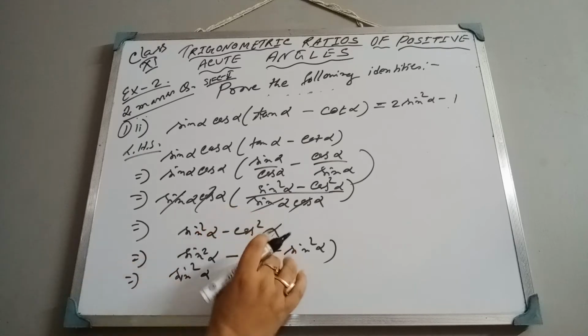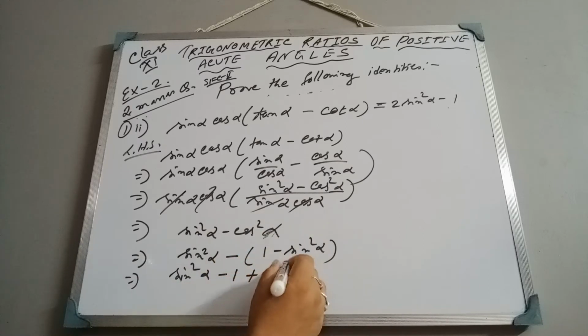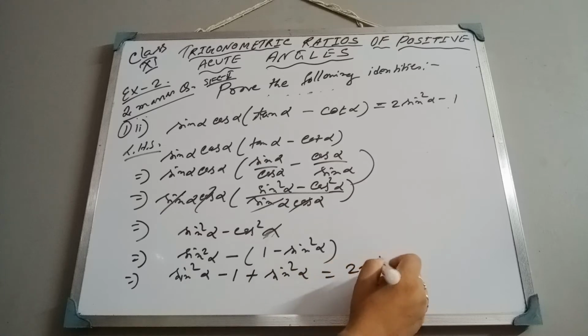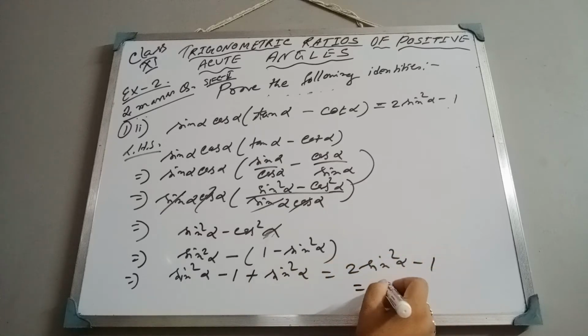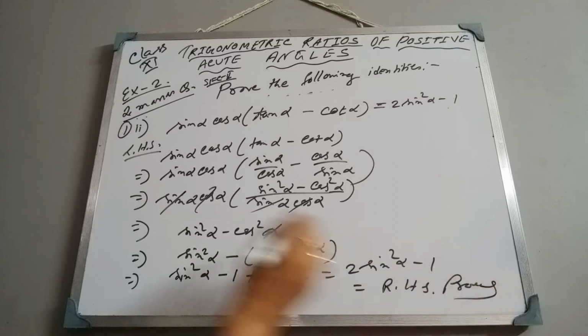So it is sin square alpha minus 1 plus sin square alpha. So it is coming 2 sin square alpha minus 1, which is equal to the right hand side. So it is proved.